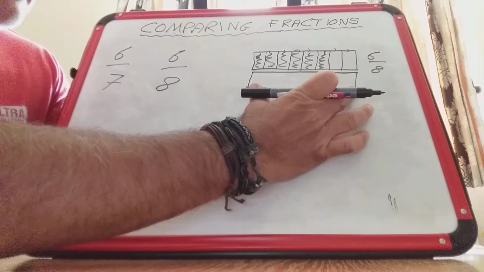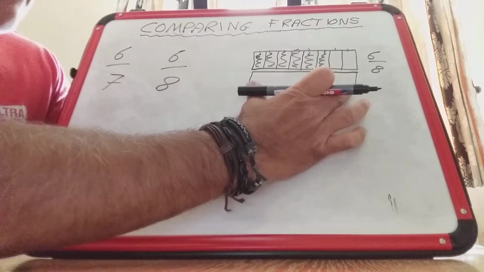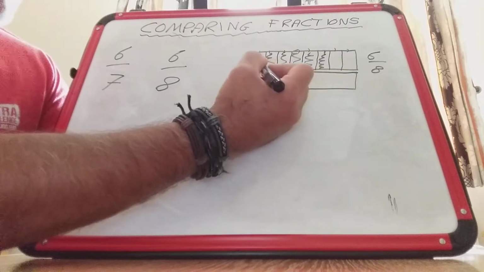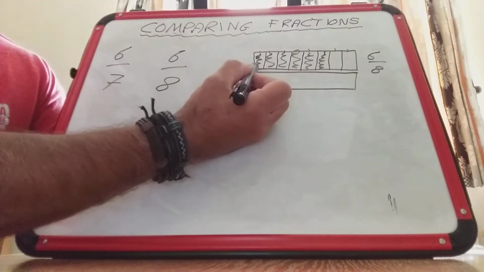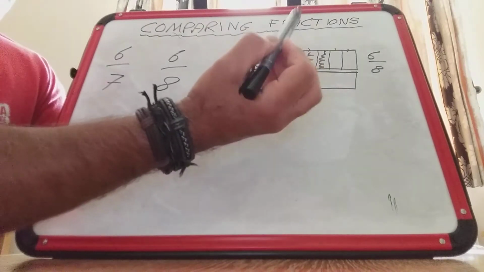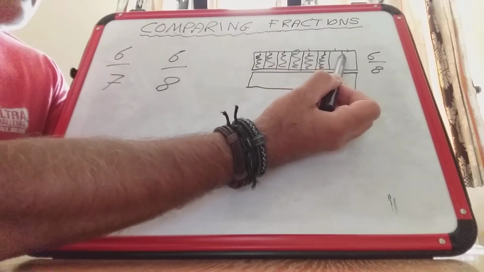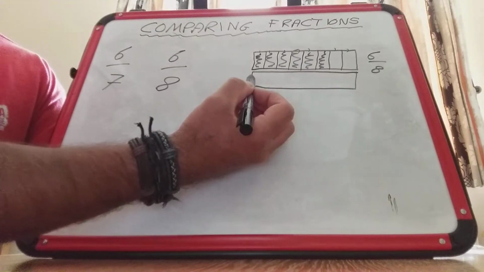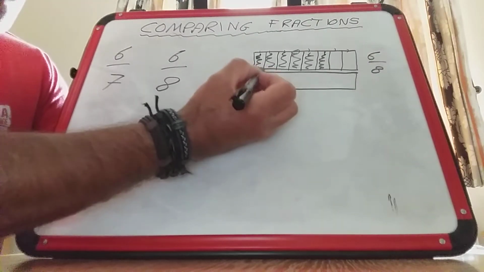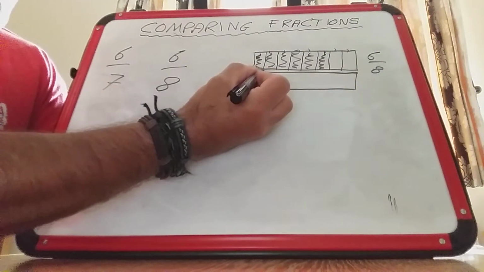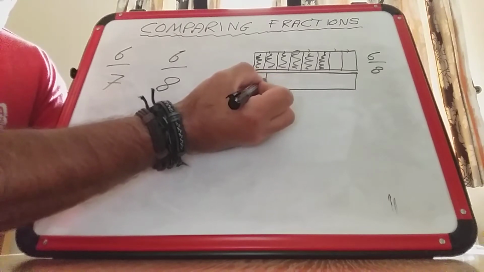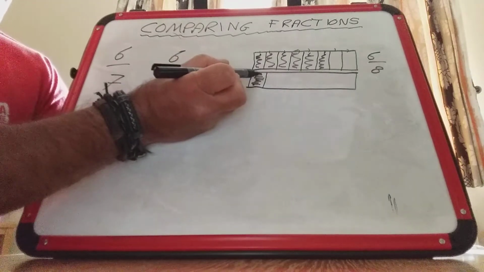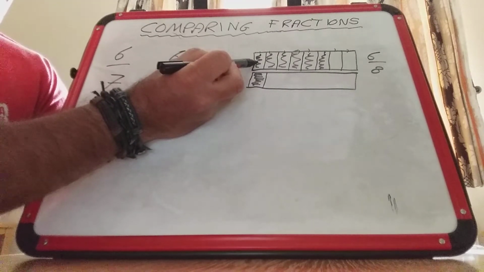If we're dividing that into 7 different pieces, then each piece is going to be bigger than each of these pieces, because here we're dividing it into 8, and here into 7, and because it's a smaller number, each piece will be bigger, only slightly bigger. So the first piece will be that big. If we shade that one in, we can see that this piece is bigger than this piece.